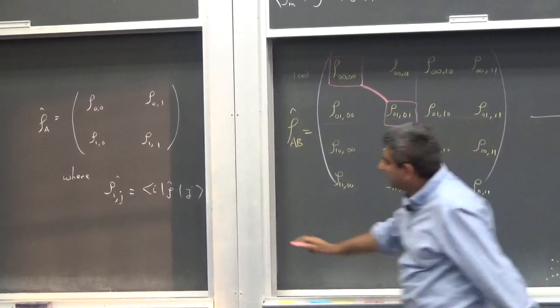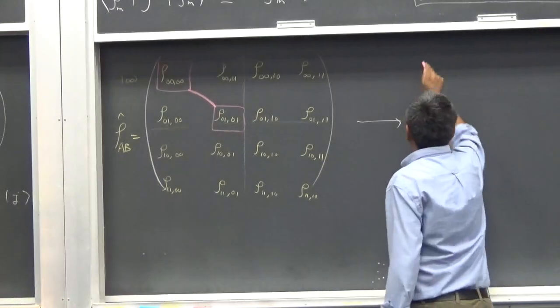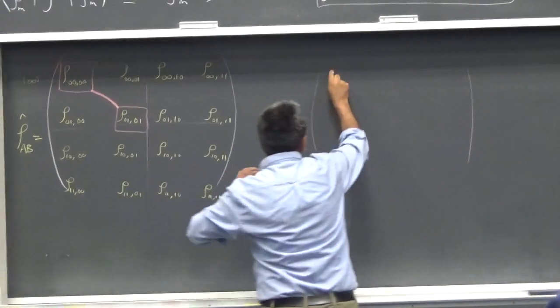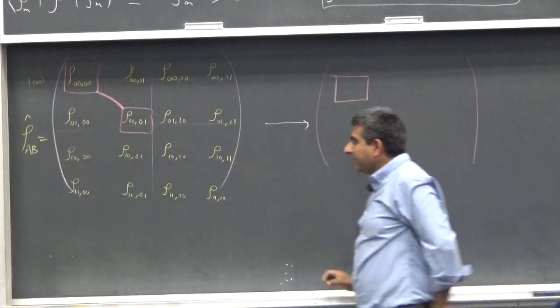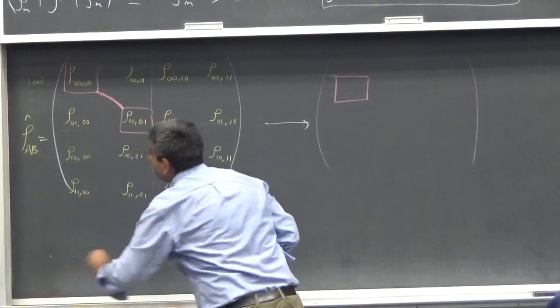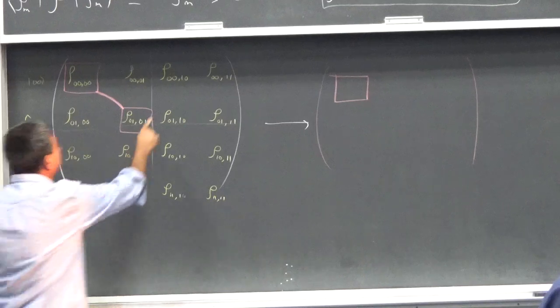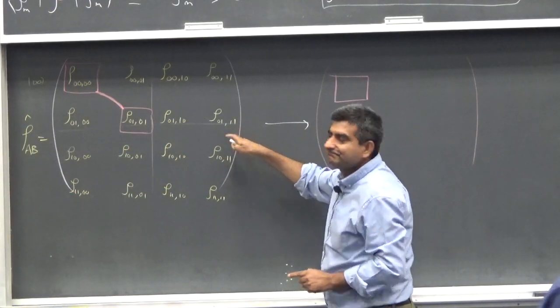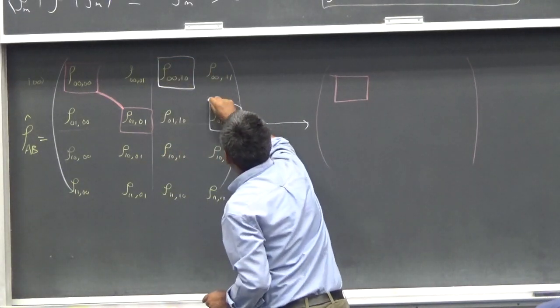How do I get the 0, 1 term? So the first term will come from the addition of these terms. The second term will come from the addition of 0, 0, 1, 0, which is this term, plus 0, 1, 1, 1, which is this term. So the top right term will come from the addition of these terms.